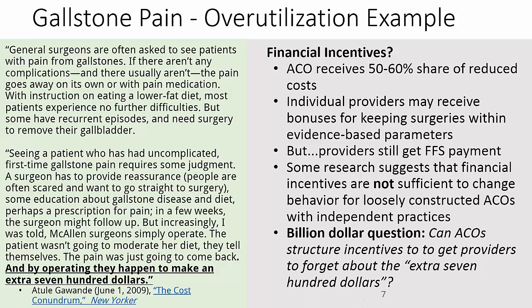So given that there is the potential for fee-for-service payment for ACO providers as well as bonuses, the literally billion-dollar question becomes whether ACOs can structure incentives such that providers will forget about the proverbial extra $700 and just focus on providing the most cost-effective care.